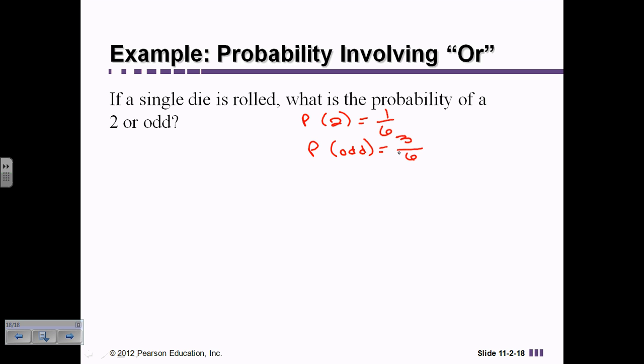Now 2 is not an odd number, so there is no overlap. So the probability of a 2 or an odd number equals 4/6, which reduces to 2/3.